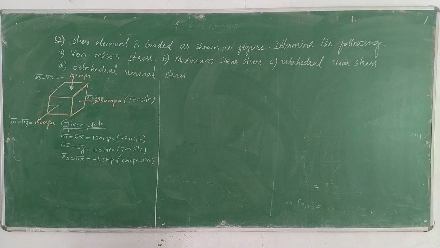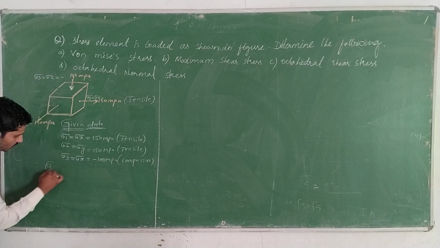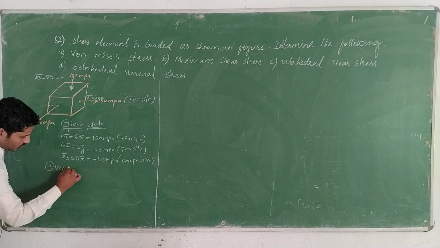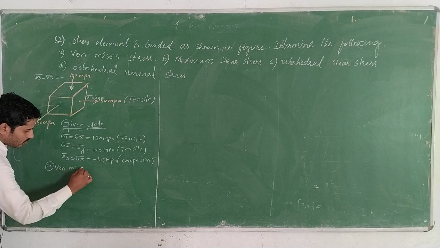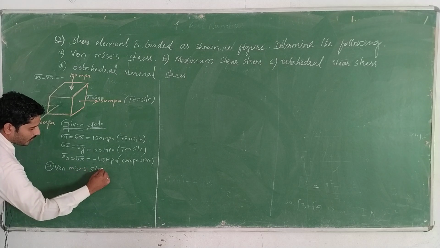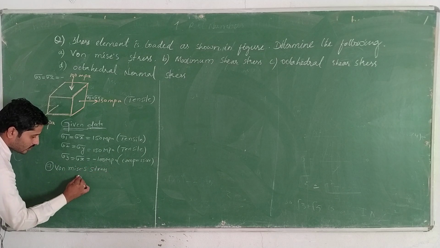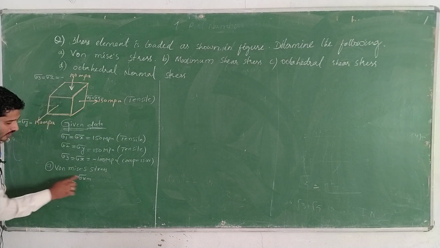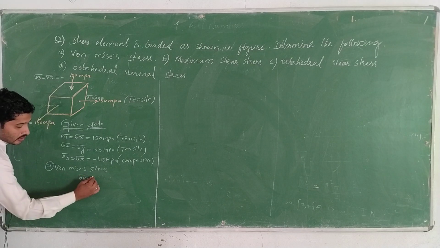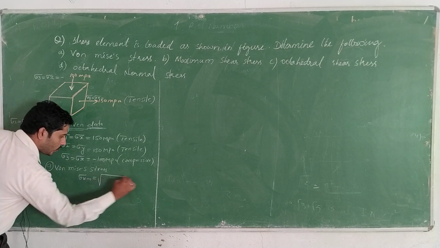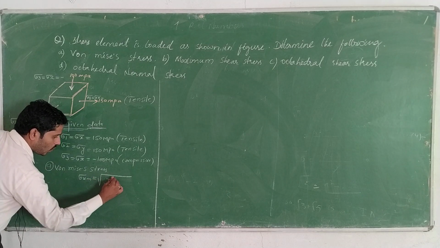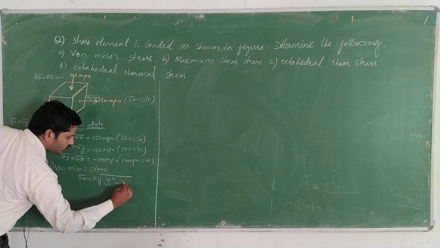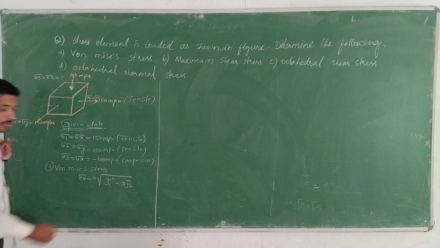The first thing is we need to find out the von Mises stress. The formula is sigma Vm, where Vm indicates von Mises stress, equals the square root of J1 squared minus 3 J2.